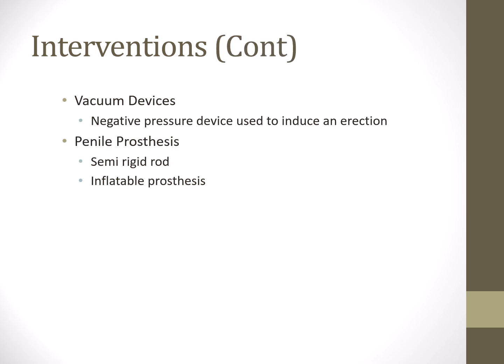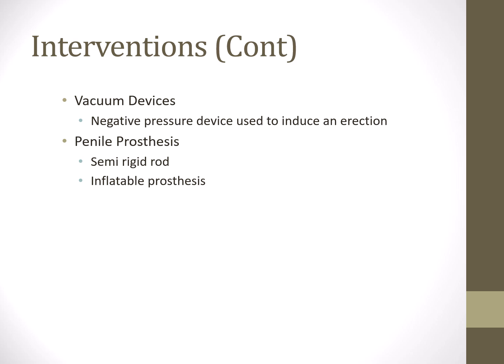Other methods for managing ED include vacuum devices, which involves putting a cylinder over the penis and using a pump, which creates a vacuum to draw blood into the penis to maintain an erection. Patients can also receive a penile prosthesis.